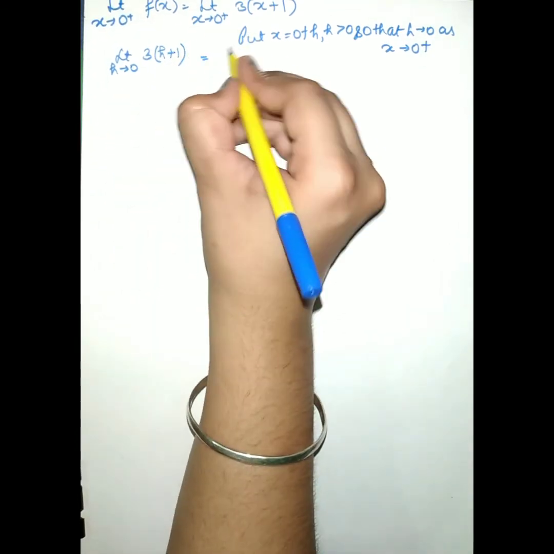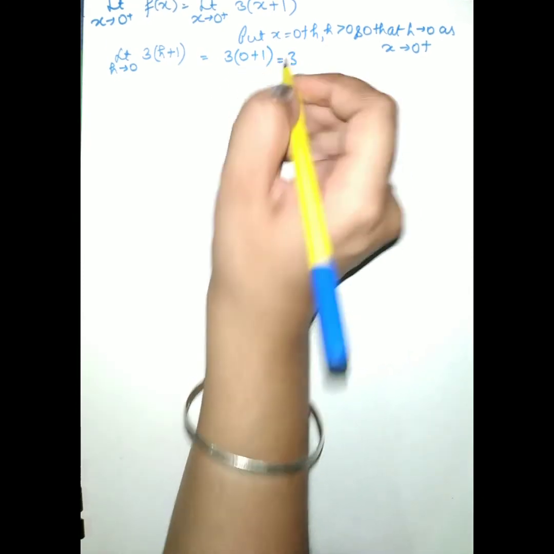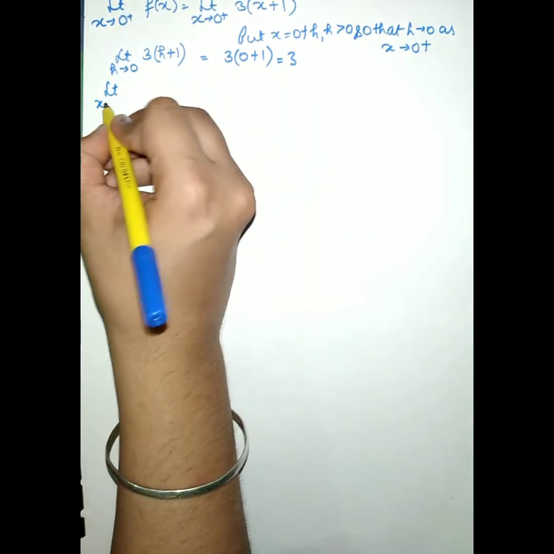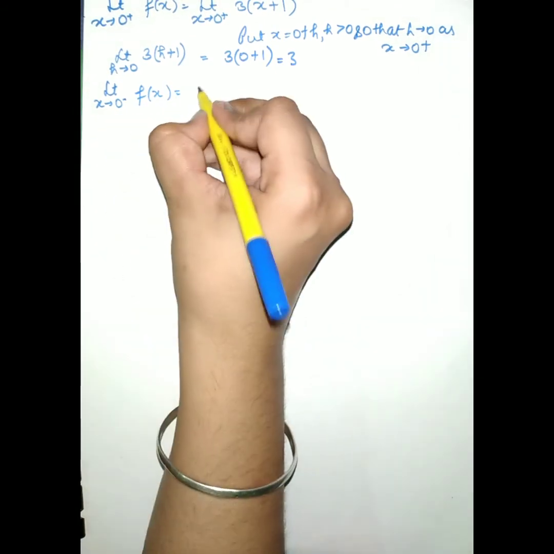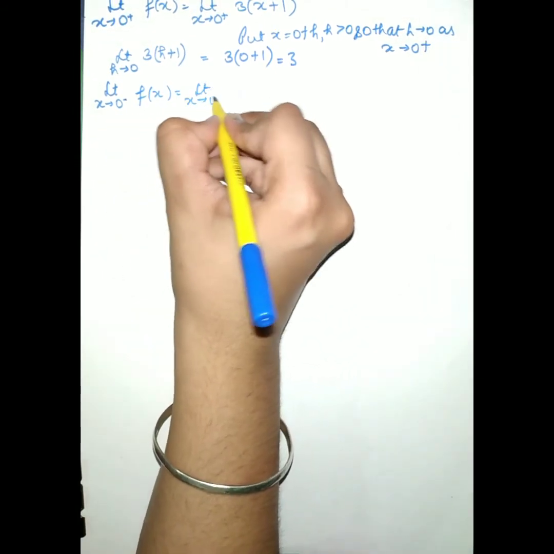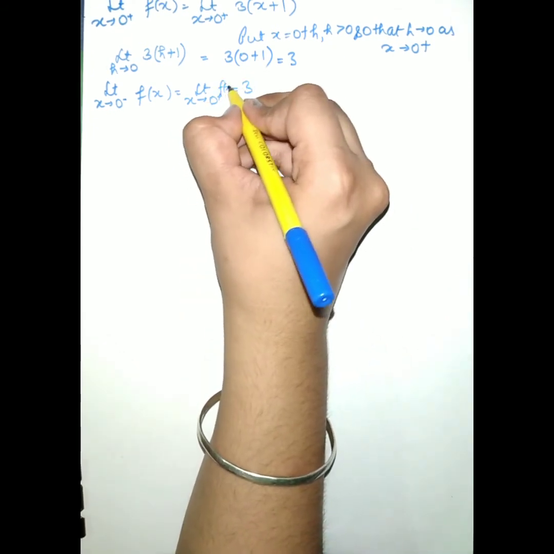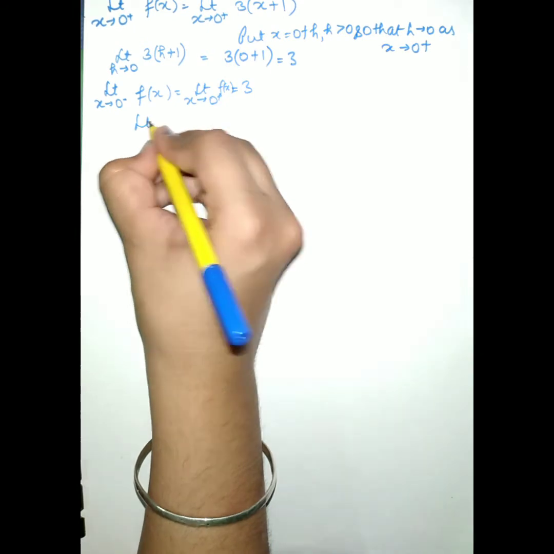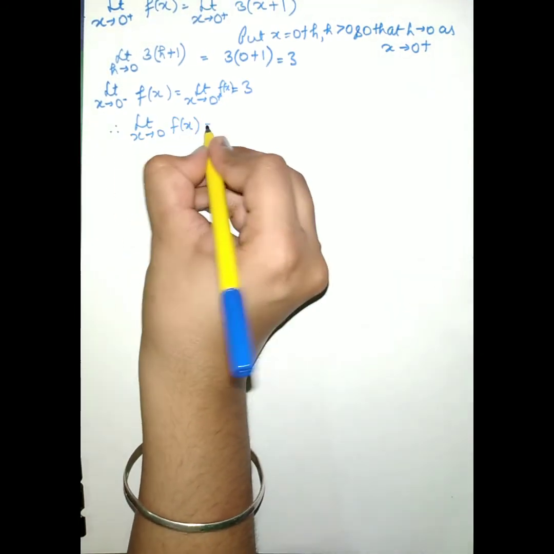It will become 3 into 0 + 1, which is 1. So limit x approaches to 0 negative f of x is equal to limit x approaches to 0 positive f of x is equal to 3. Then limit x approaches to 0 f of x is equal to 3.